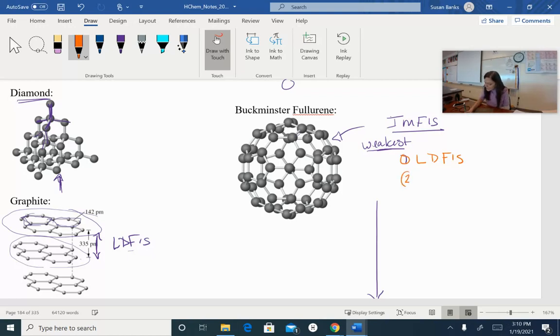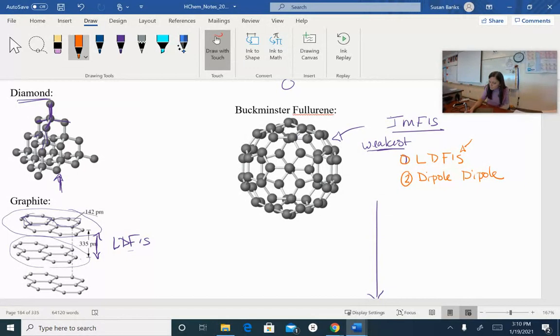Then next, a little bit stronger than that, are dipole-dipole. If I have permanent dipoles, those become pretty strong. Now remember, LDFs can become pretty strong the more electrons we have. So if I have really big molecules that have lots and lots of electrons, those LDFs can become pretty strong.